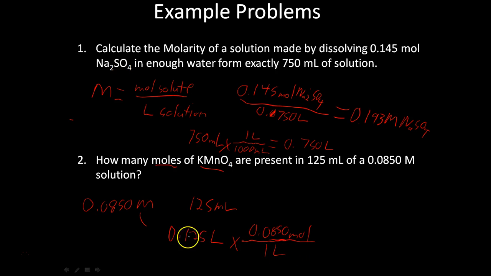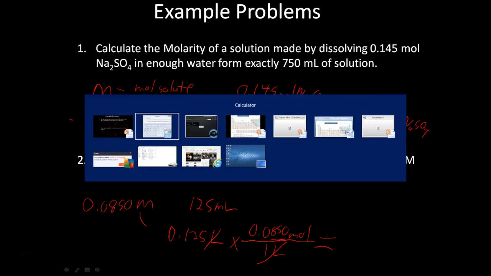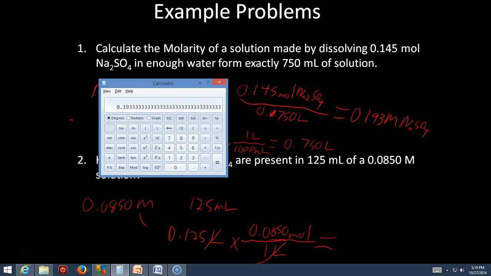Notice that this is the exact same thing as this. If you divide anything by 1, it's still that number. We're just showing the units here. Our liters will cancel, and then we'll end up getting the number of moles of potassium permanganate. Go back to our calculator. 0.125 times 0.0850, we end up with 0.0106 moles.